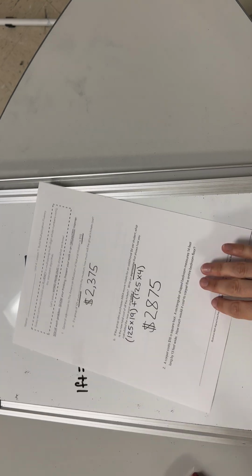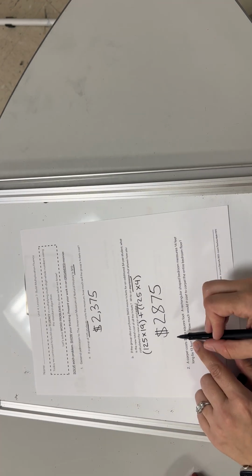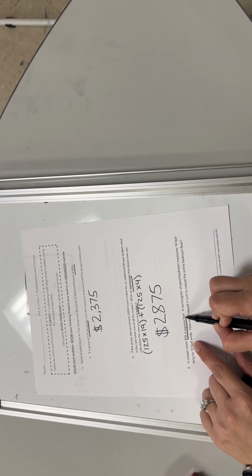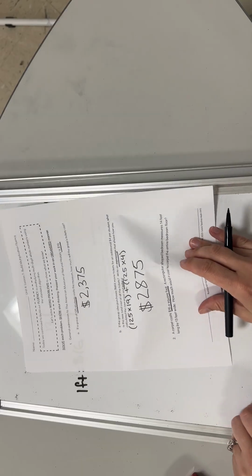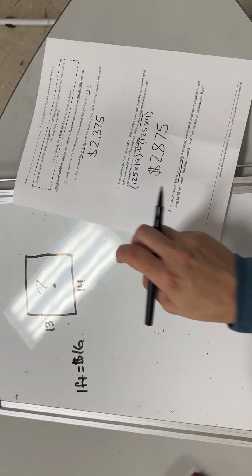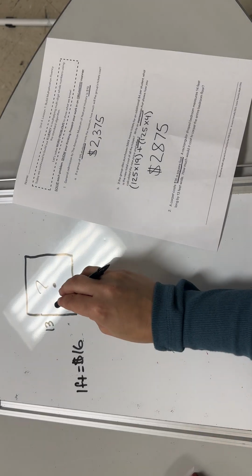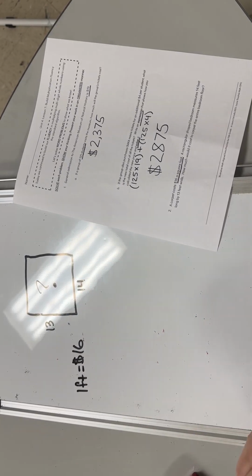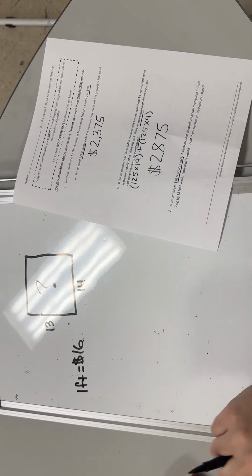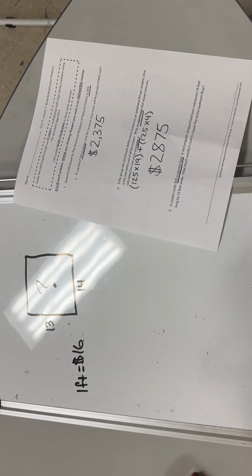And I know that because it starts by telling us that a carpet is $16 a square foot. So what I'm going to need to do is find the area of this bedroom so I can find out the total number of feet. And then I'll have to multiply that by our $16 per foot.